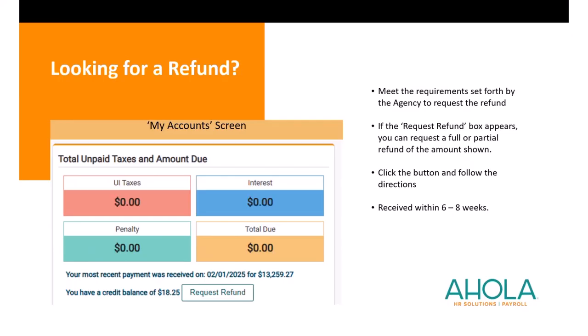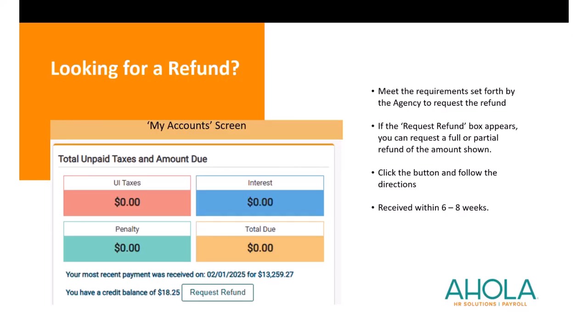If the request refund box appears on this page, you may be able to request a partial or a full refund of the amount shown in the credit balance. To request that refund, simply click on the Request Refund button, and then follow the on-screen prompts.